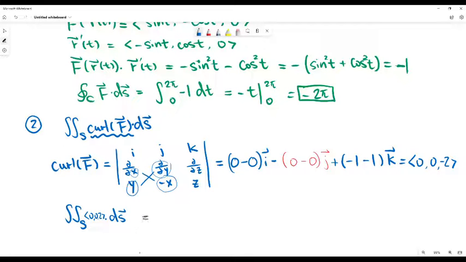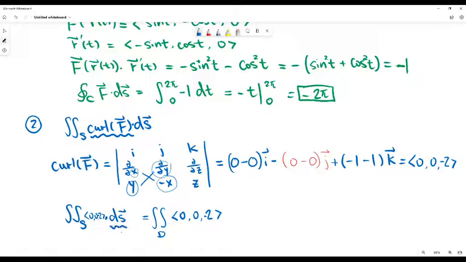Our formula for the flux of the vector field across the surface is that we turn it into a double integral over the region D. My first step is to plug my parameterization of the surface into my vector field, but my vector field is 0, 0, negative 2. These are constants, so there's nothing to plug in. You can just leave it like that.